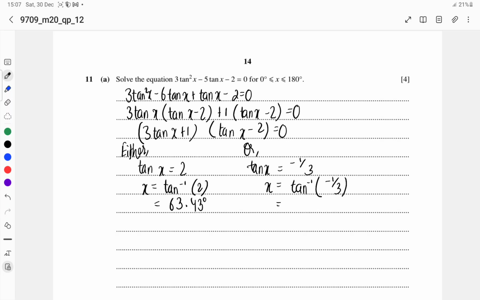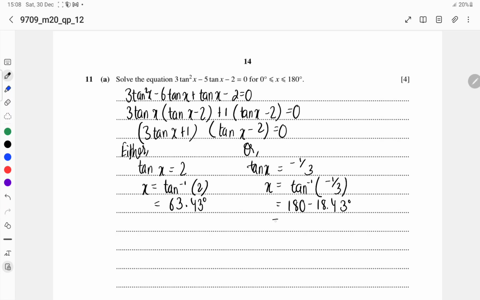Okay, so let's find the reference angle first. For tan inverse of negative 1/3, according to CAST, we need to find it in this quadrant, right? Tan inverse of 1 by 3 is 18.43 degrees. So basically what I need to do is 180 minus 18.43 degrees.